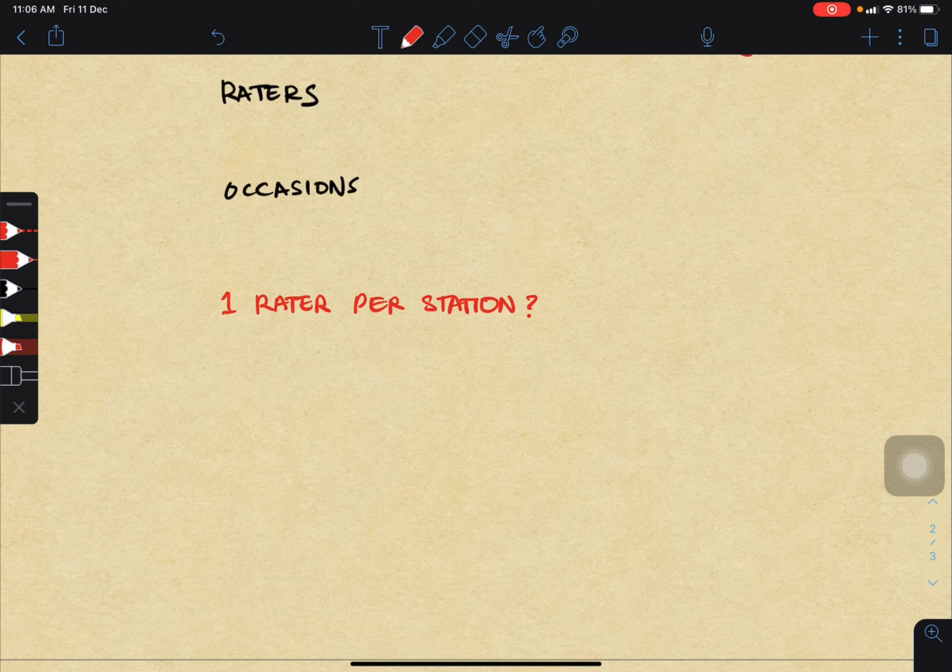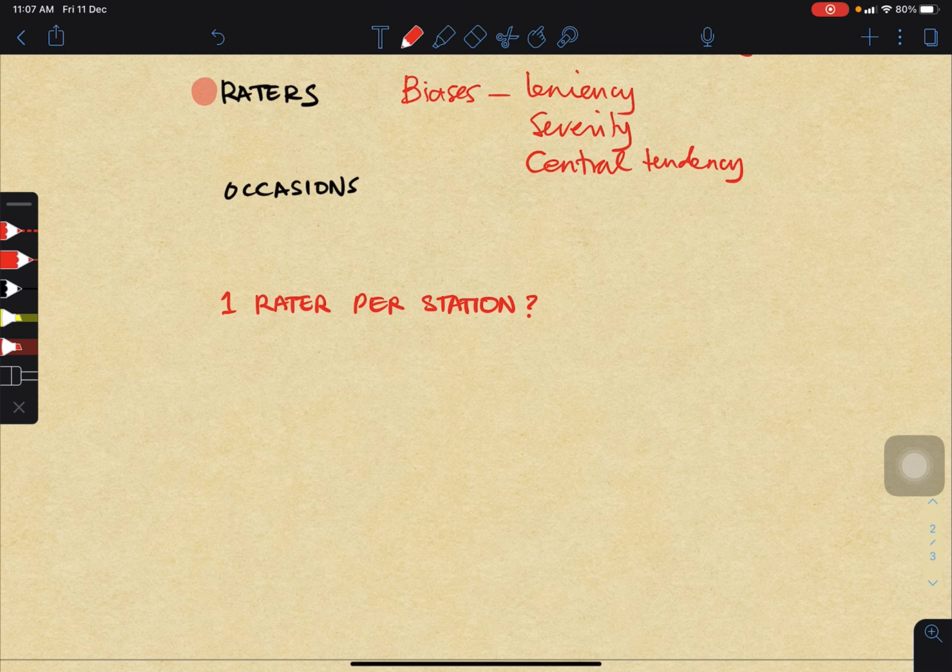The next source of variance is the raters themselves, where, as we have discussed previously, raters will have errors inbuilt into them. Being human, they will have biases such as leniency, severity, central tendency, and so on. Again, the strategy, as you might imagine, would be training.